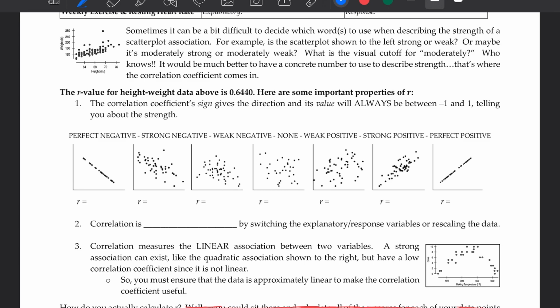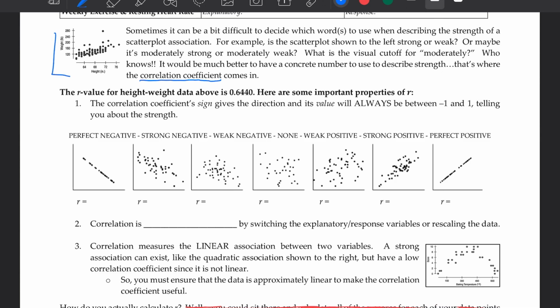So how do you know whether something is strong or weak or somewhere in between? There's actually a number that helps us out with that. The number is known as the correlation coefficient. The correlation coefficient, also known as the r value, we use a little r to represent it, tries to give us that understanding here.